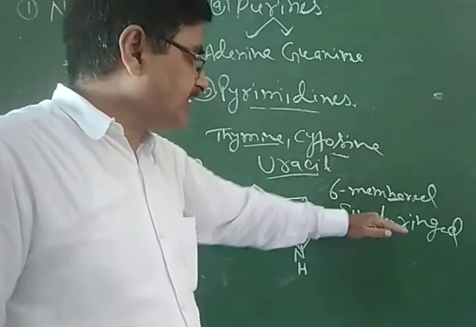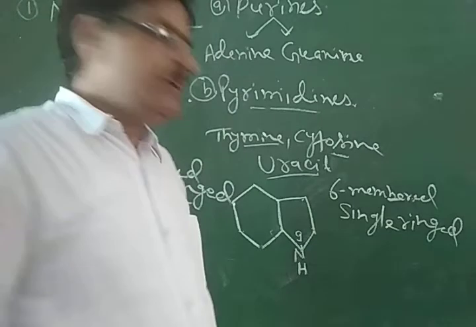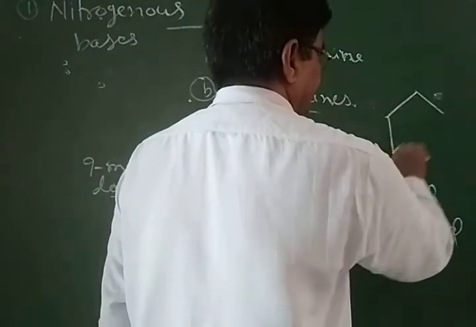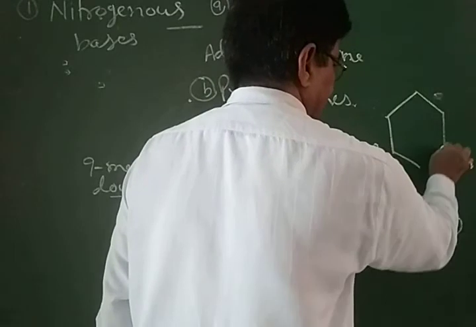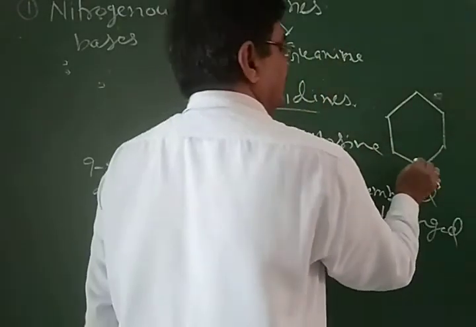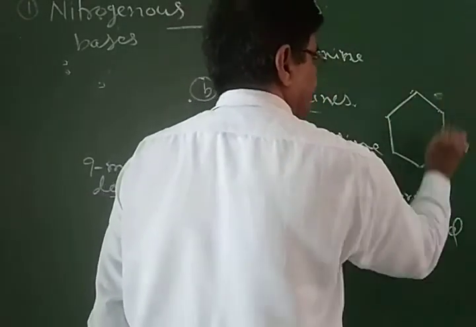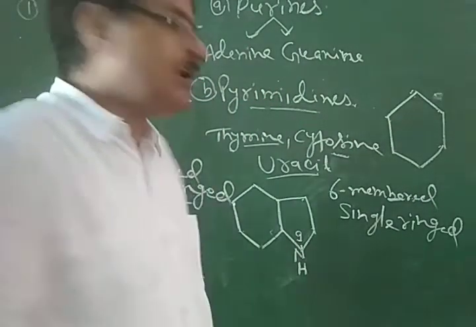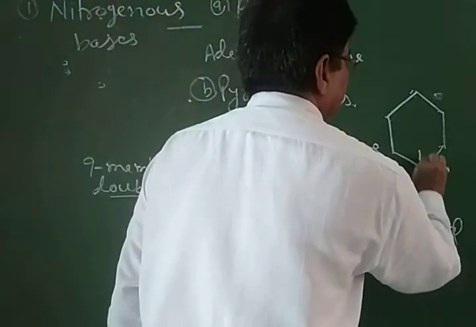What is the structure of these pyrimidine bases? There is a single ringed structure. Suppose this is the single ring. This is 1, 2, 3, 4, 5, 6. Six-membered structure, monocyclic structure.